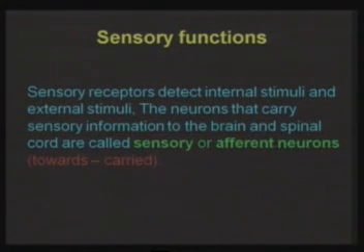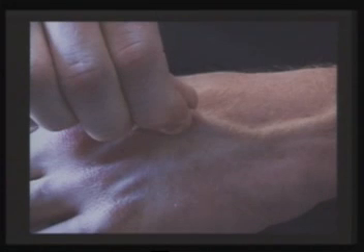The sensory functions are all the functions which we get from the external stimuli. The neurons that carry the sensory information to the brain and the spinal cord are called sensory or afferent neurons. That means all the information that is carried from the periphery to the brain or to the spinal cord includes the sensory function. This is an example of sensory stimulus.